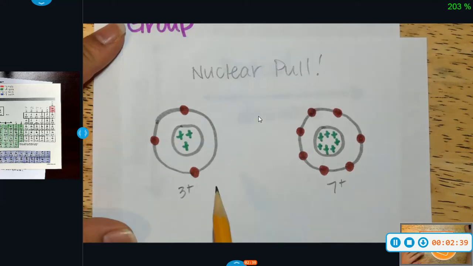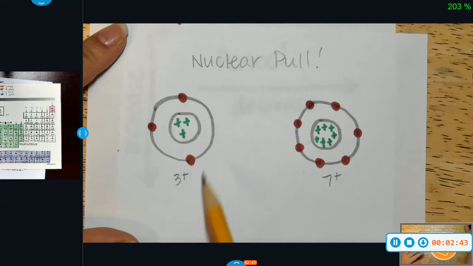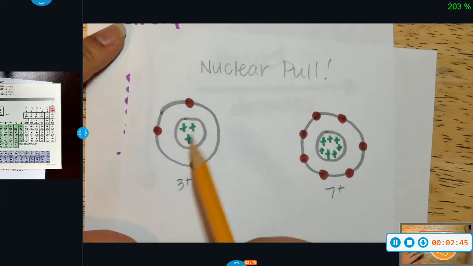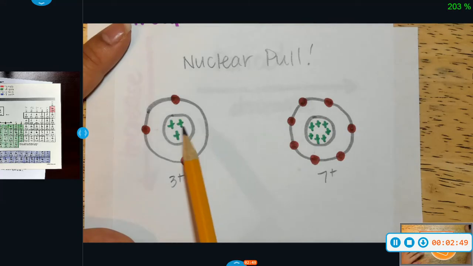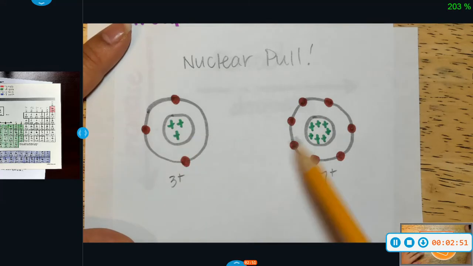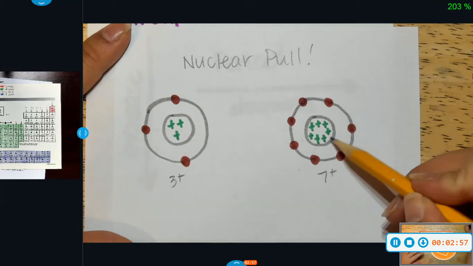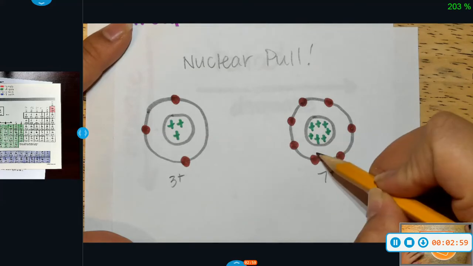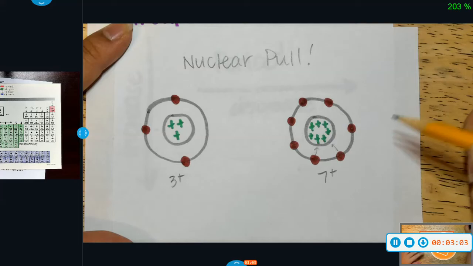As we move from left to right on the periodic table, we're adding more protons into our nucleus. The more protons we have in our nucleus, the stronger the nuclear pull is going to be. Meaning, the stronger the attraction from the nucleus to your electrons.